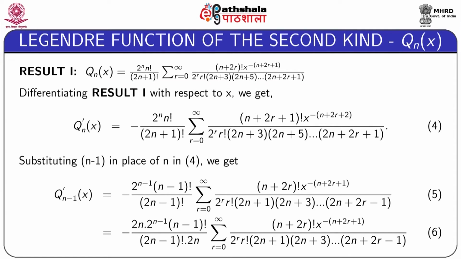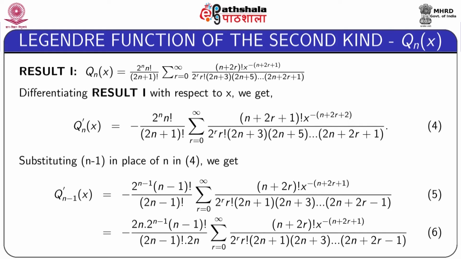If we differentiate result 1 with respect to x, we will get expression number 4, which is Qn' is equal to minus x 2 to the power n into n factorial divided by (2n+1) factorial, summation r equal to 0 to infinity, (n+2r+1) factorial x to the power minus (n+2r+2) divided by 2 to the power r factorial (2n+3)(2n+5)...(2n+2r+1).